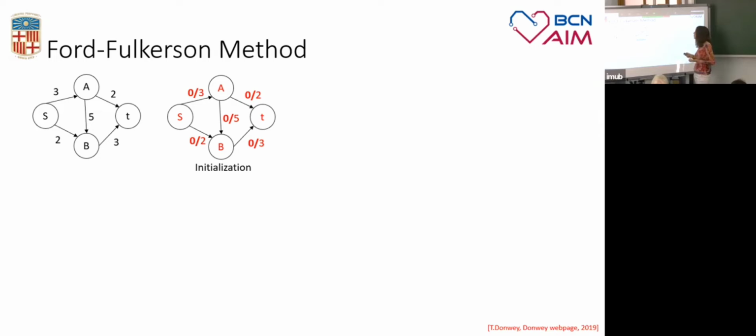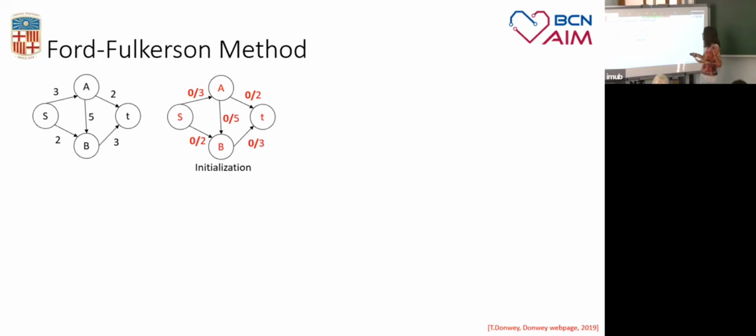We can fill this path up to 3, okay? But what happens? A is connected to B, and the maximum capacity there is 2. We cannot put, for example, 3 liters of water, because when it goes from A to B, the pipe wouldn't be able to reach the capacity of 3. So we have this analogy of the pipes, and we will see it clearly in the next example.